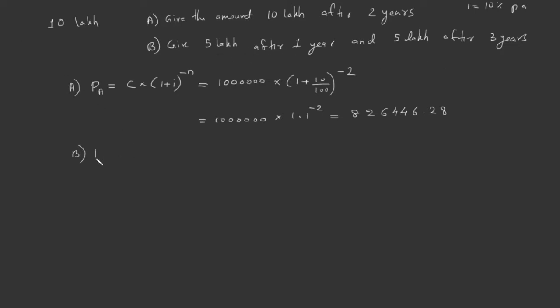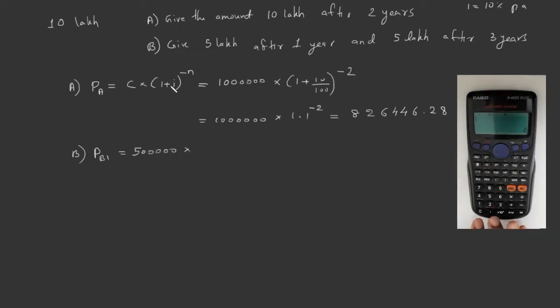For option B, it is given that the amount is split into 5 lakhs. So in the first case, I am writing PB1, that is the present value of the first 5 lakh, that is given after 1 year. It is written as C into (1 plus i) the whole raised to minus 1, where C is 5 lakh. So it is 1.1 raised to minus 1. That will give 454545.45.